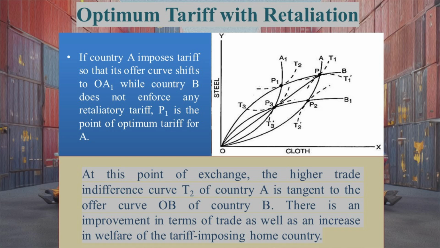At this point of exchange, the higher trade indifference curve T2 of country A is tangent to the offer curve OB of country B. There is an improvement in terms of trade as well as an increase in welfare of the tariff imposing home country.